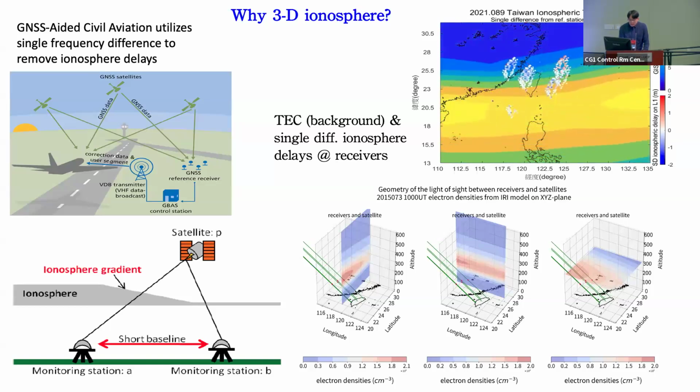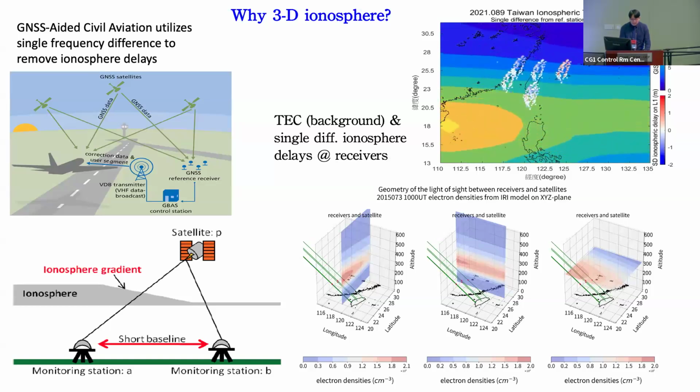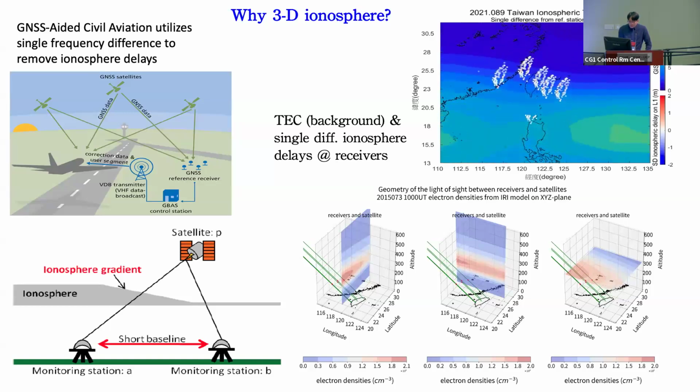So finding the three-dimensional gradient of the ionosphere is crucial. And unfortunately, Taiwan is located in the region of most intense gradient, the north slope of the EIA in the world. So that's the motivation for which we initiated this research.